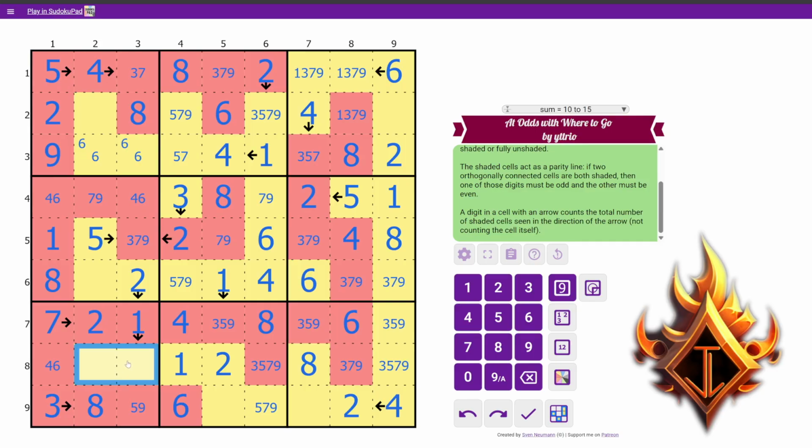Looks like it could be either way. But 4, 6 are both going in there. 6 is in one of the, well, I can't do that yet. Okay, so what can I do? 1 is in one of these, so that comes out. But now I have a 3, 7, 9. So that is 1.